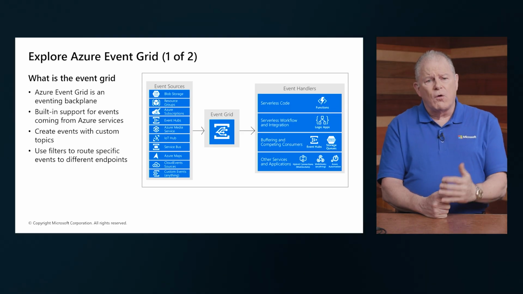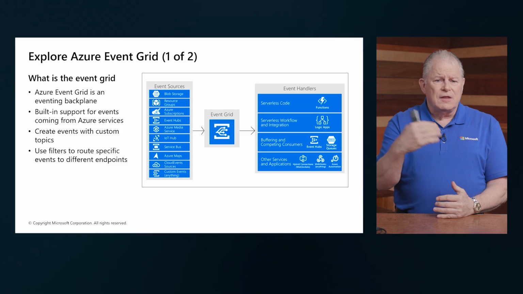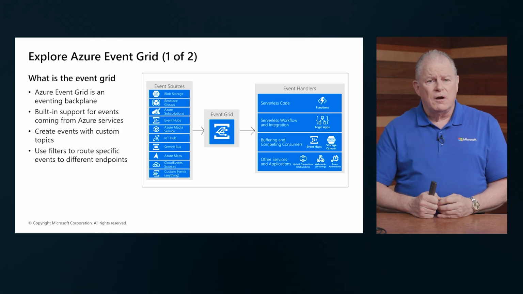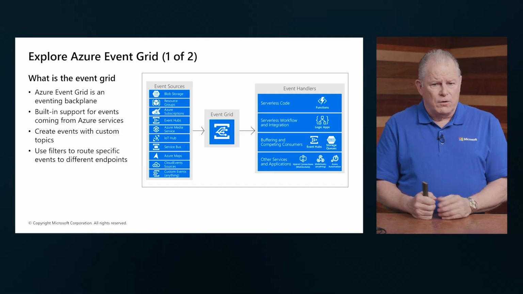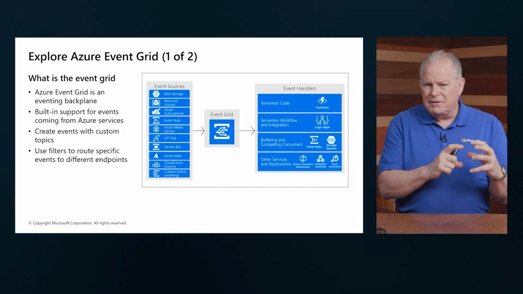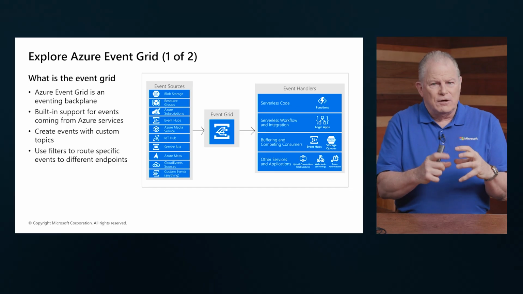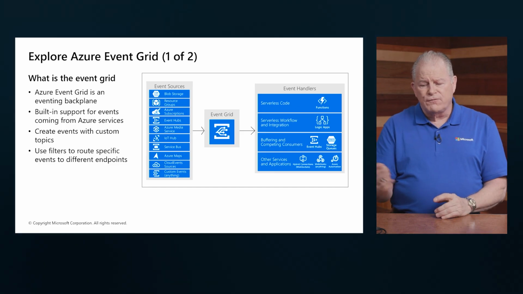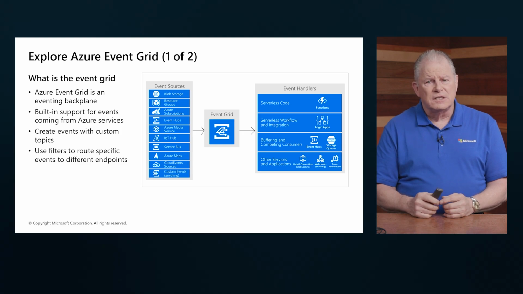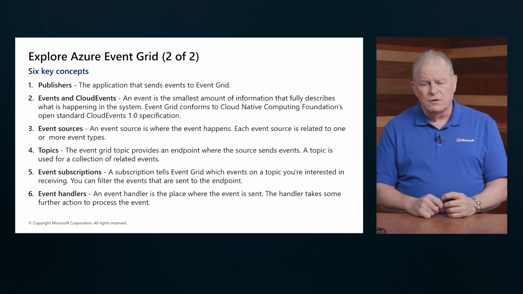You might want to know if an order's taken place, so that somebody could then respond to the order to fulfill it, but maybe somebody else wants to count all the orders that have happened. So I don't have to have the same information. I just need to be triggered and maybe do a count of them. So there's different reasons to work with this, but you can see this full set of event handlers in a pub sub environment that you're working with to put the information into the grid.